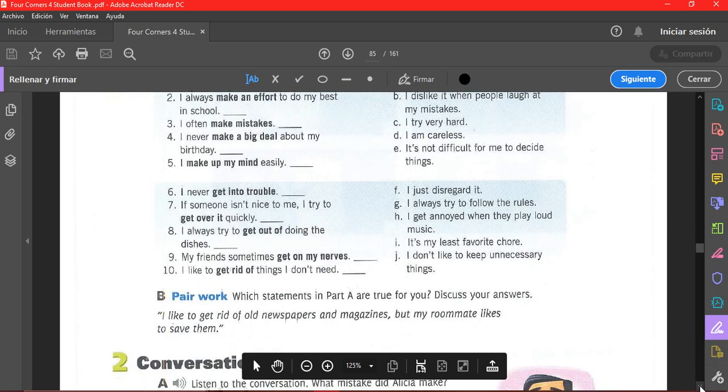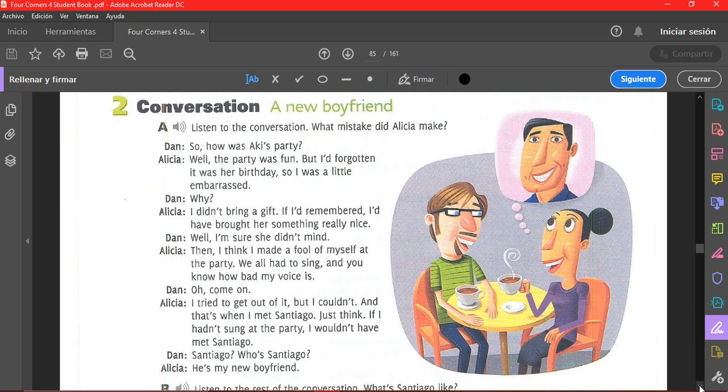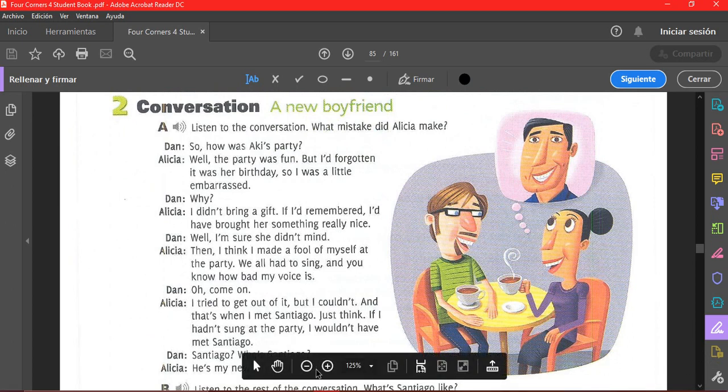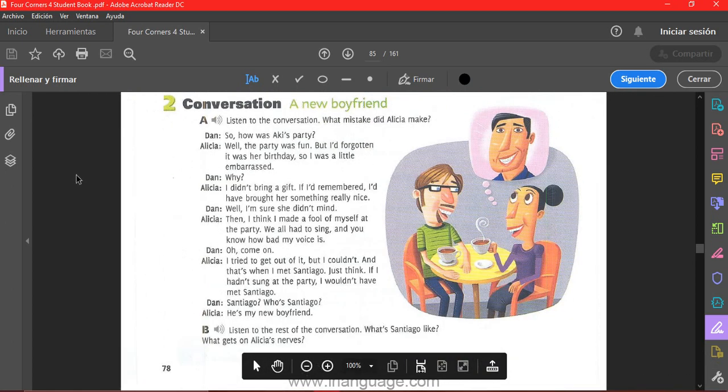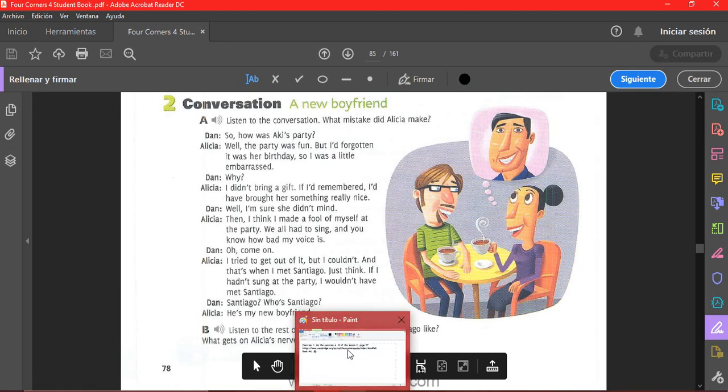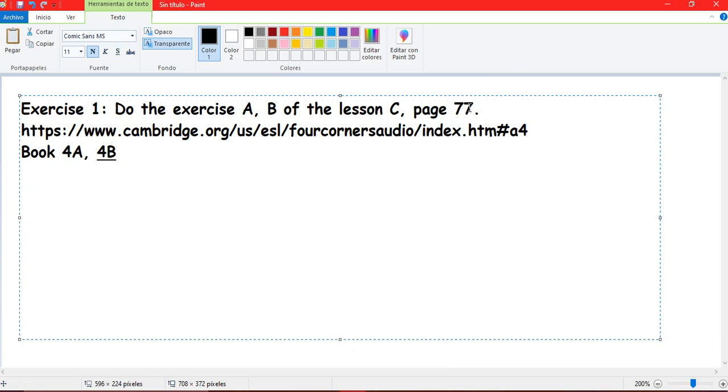Let's continue. A conversation, a new boyfriend. This exercise is on page 78. Sorry, page 78. Exercise 2. Okay, exercise 2 is the conversation.